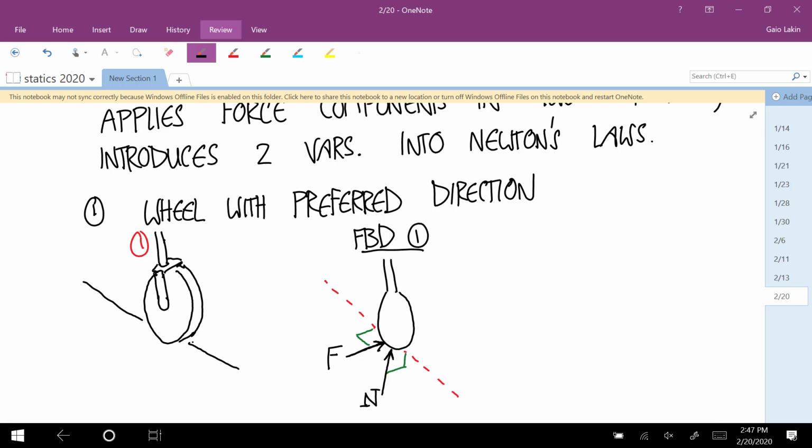But something is applying a force that keeps it from leaving that path. Did I draw this right? That sort of looks like an M.C. Escher drawing, I think. Here's what we want.